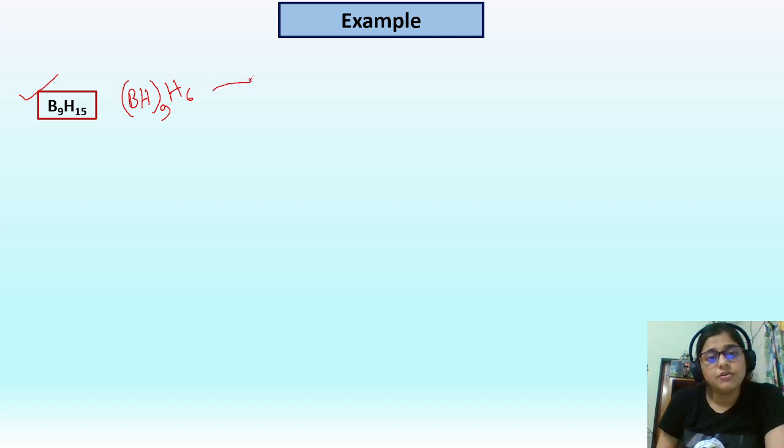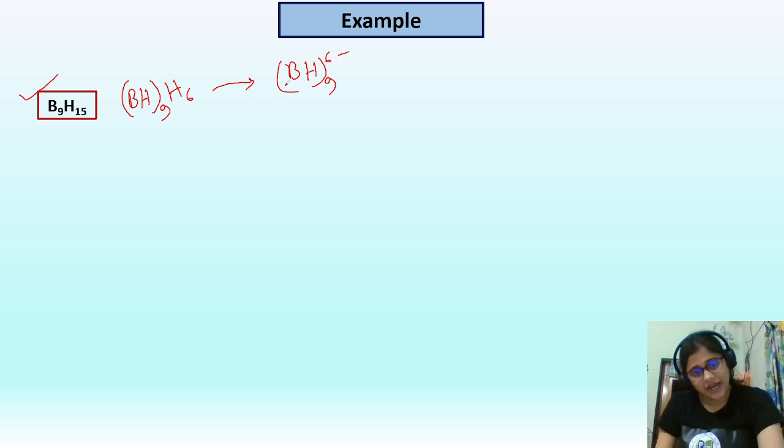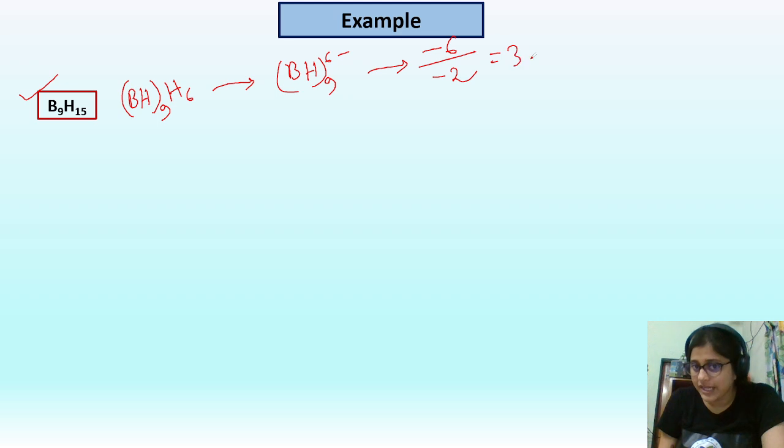Now we have to remove 6 H plus. So how many negative charges will be there? 6, right? Now we have to do nothing actually. We divide it by minus 2 and we will get 3. And we know for the arachno case, we will get 3. So n plus 3 means arachno.